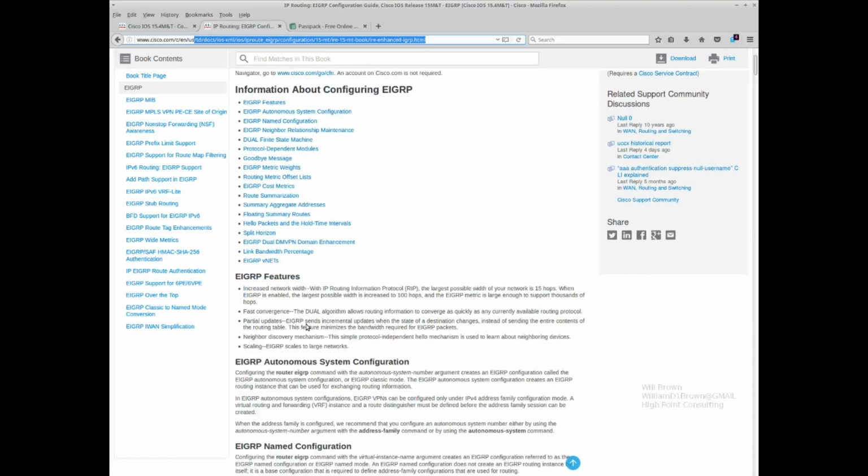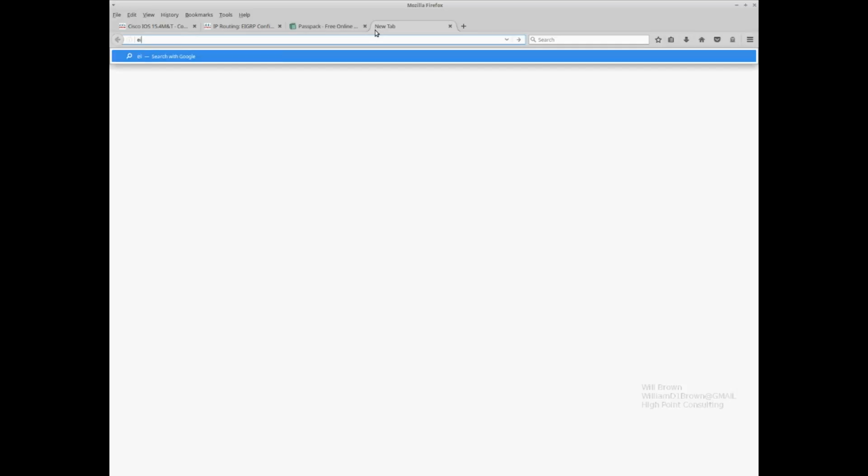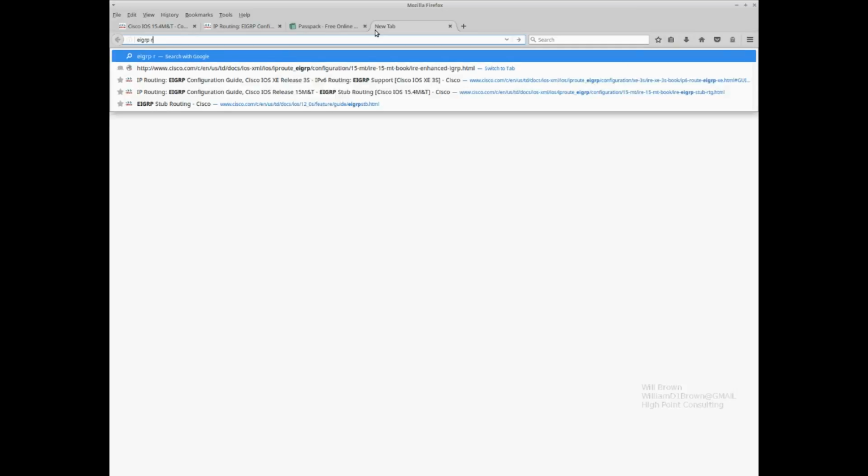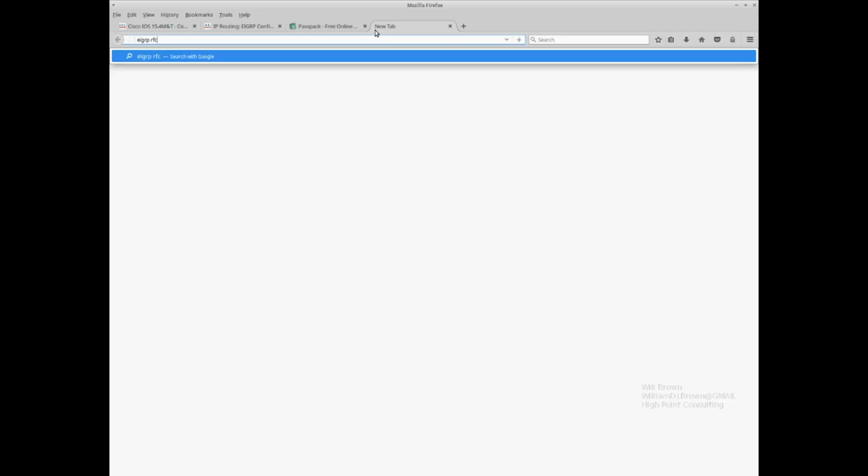EIGRP, which most of us know is Cisco's proprietary protocol, was made partially open source back in, I think it was 2013.